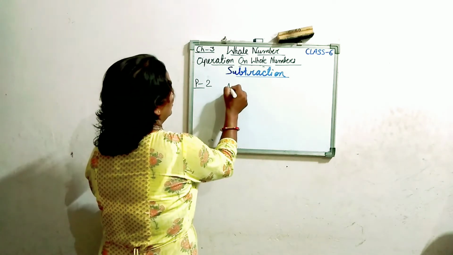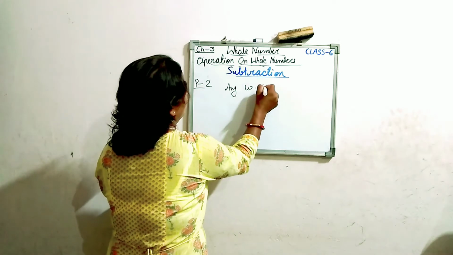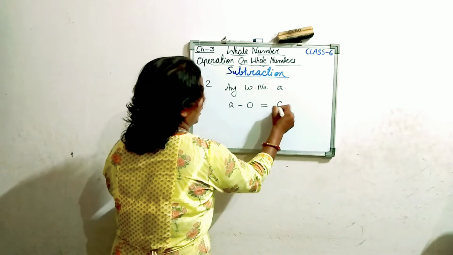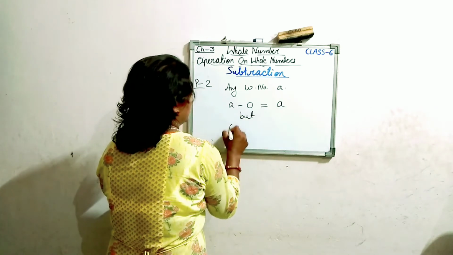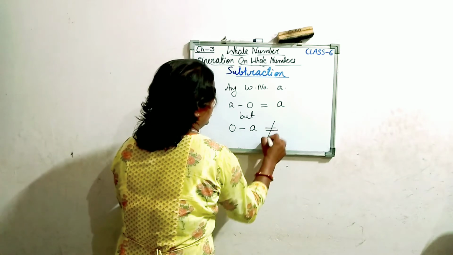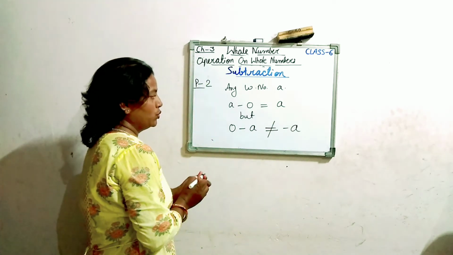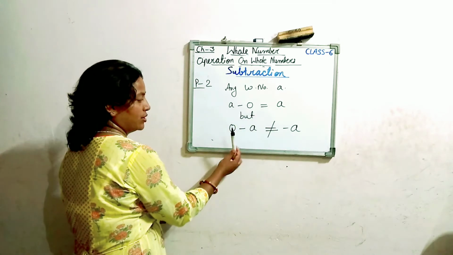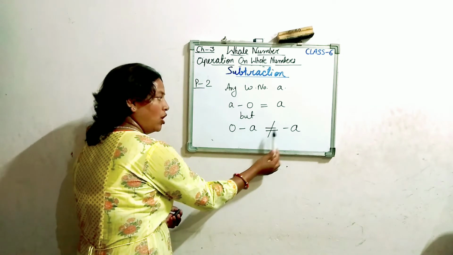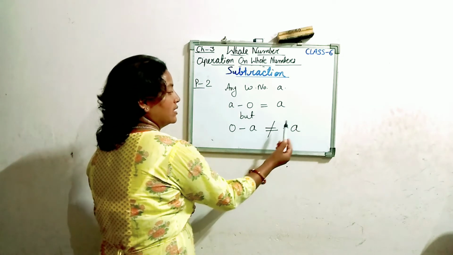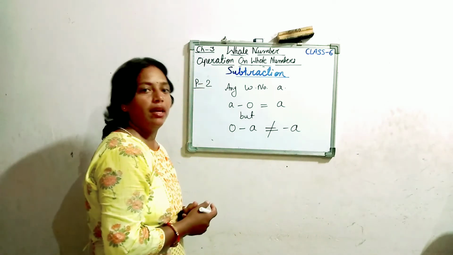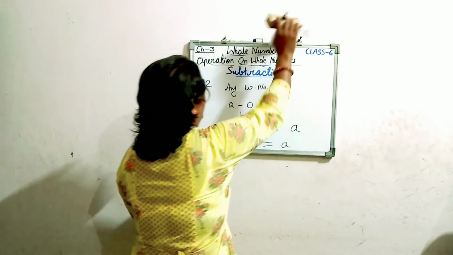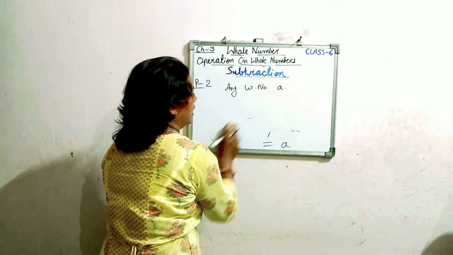For any whole number A, A minus 0 will be A, but 0 minus A is not equal to A. Students, once again I repeat here, A minus 0 is equal to A, but 0 minus A is not equal to A. Okay, I am writing this property again.